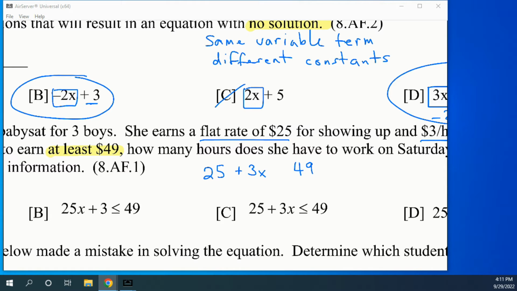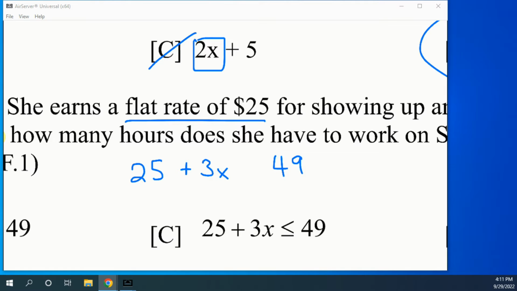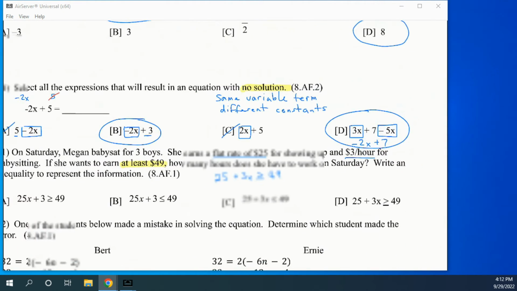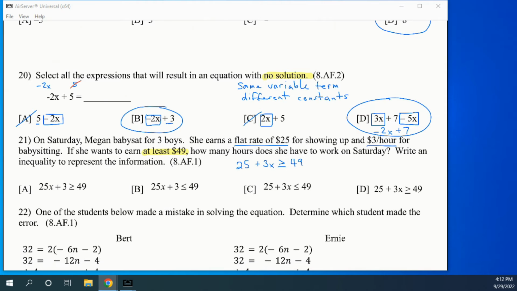I'm also okay with 100. I'm also okay with anything above 49. So I'm going to say that we want greater than 49, but it's okay if she also makes $49. So that is the inequality that I'm going to use.